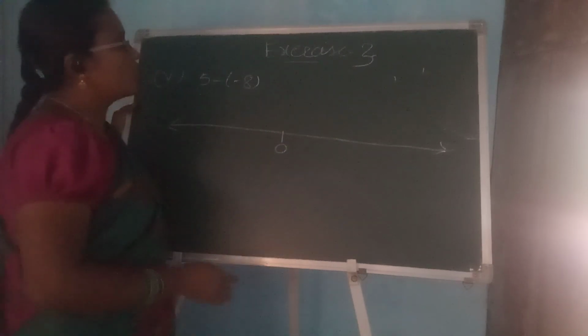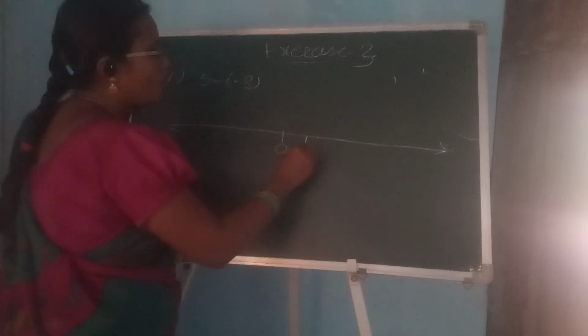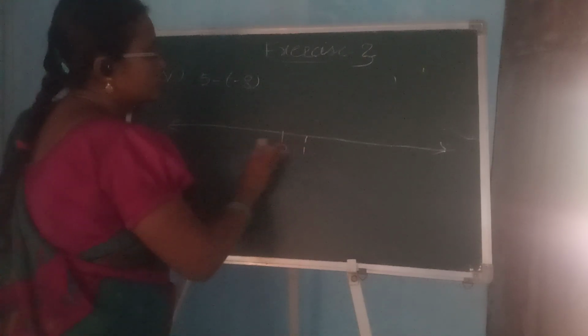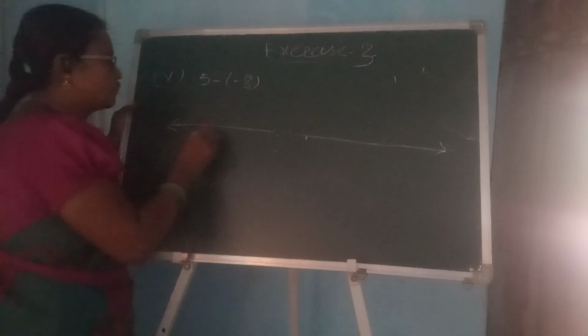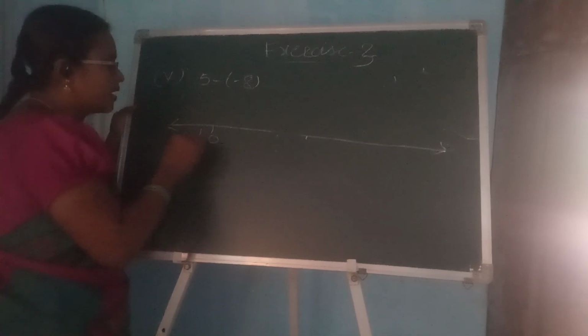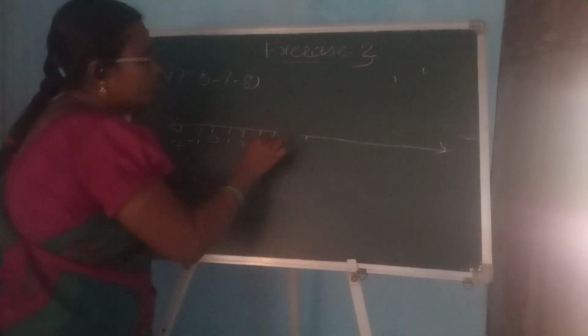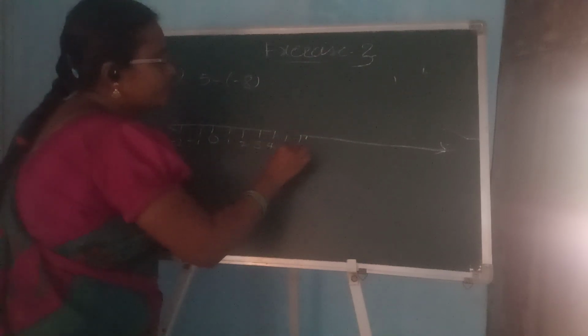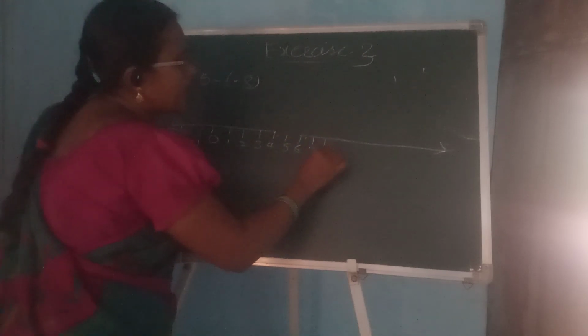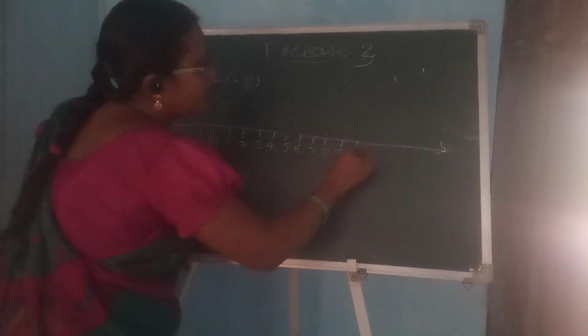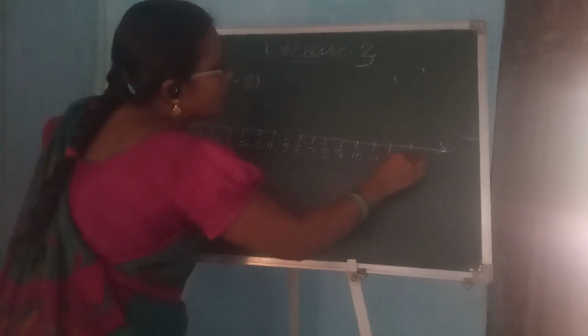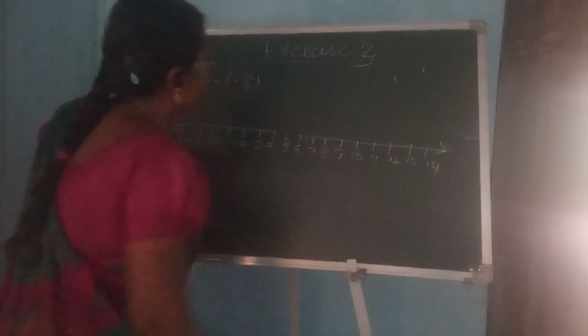So it becomes 0, 1. Just for the information's sake, I am starting with 0 here, and it is minus 1, minus 2, and 1, 2, 3, 4, 5, 6, 7, 8, 9, 10, 11, 12, 13, 14 and so on.